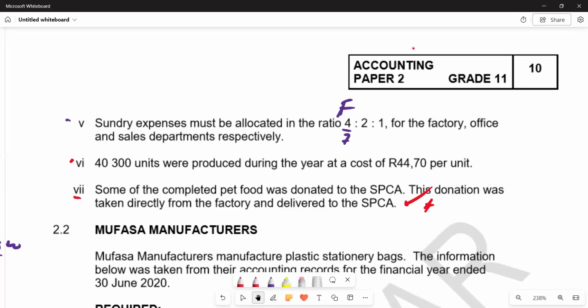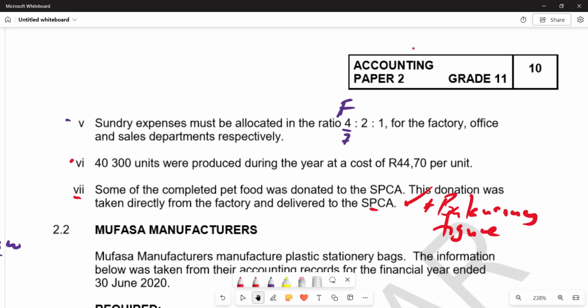Remember, whenever we have got donations, we are supposed to put them on the credit side of work in process stock. But if you read question 7, they're saying some of the completed pet food was donated to the SPCA. This donation was taken directly from the factory and delivered to the SPCA. So we are not given the figure for the donation that we are supposed to put on the credit side. So obviously, we are going to find this figure as a balancing figure.